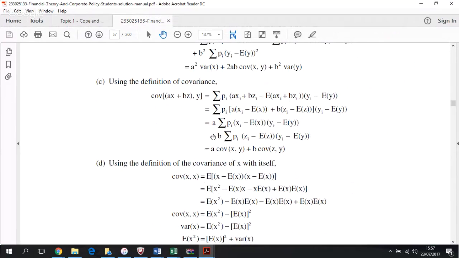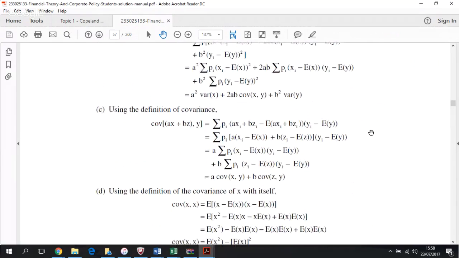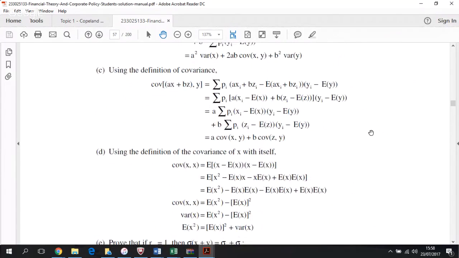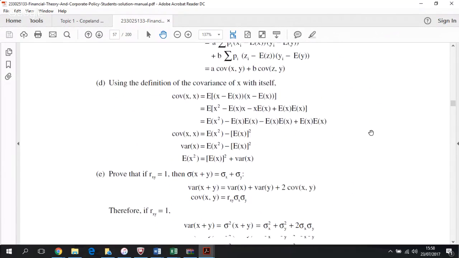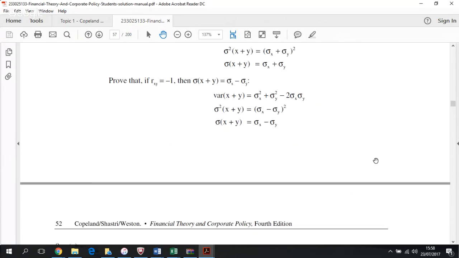This is for a 3 asset. Let me look for a 2 asset. No, this is a 3 asset. Okay, look at covariance. This is just giving us another version of covariance: correlation multiplied by the standard deviation of both of them.